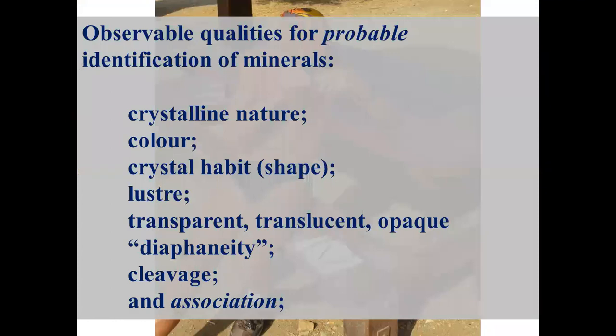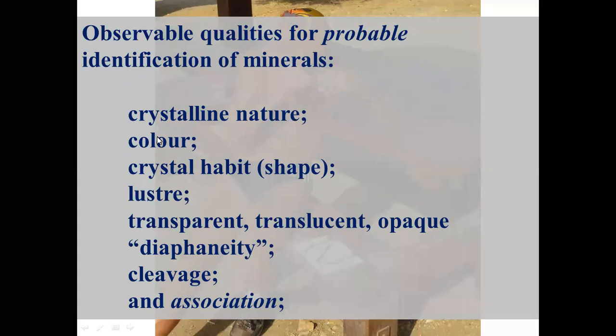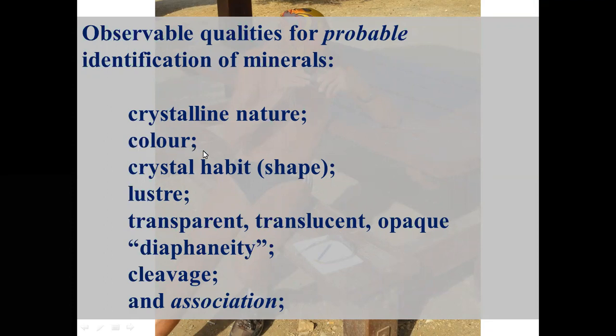Well, we remember that the things we looked at to help us identify minerals, things like the crystalline nature, particularly the crystal habit, which is really the shape of the crystals. Color can be quite an informative guide, but not a unique guide to minerals. The property of luster, how shiny they are or otherwise, whether they are transparent, translucent or opaque, and a property we call the diaphaneity.